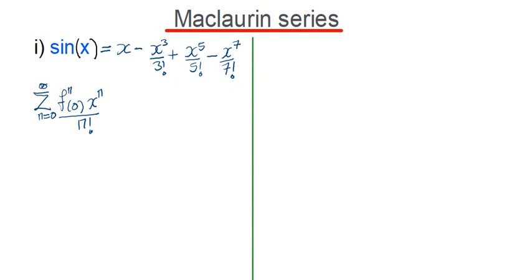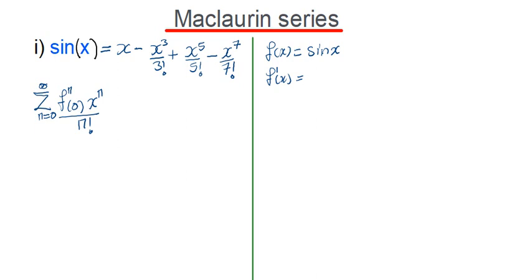Okay, so the idea is this: you are going to have your function f of x equal to sine of x. Then you have to differentiate up to the seventh power as it is indicated there. We just want it to look like what we already have. So our f prime of x is simply cos x.